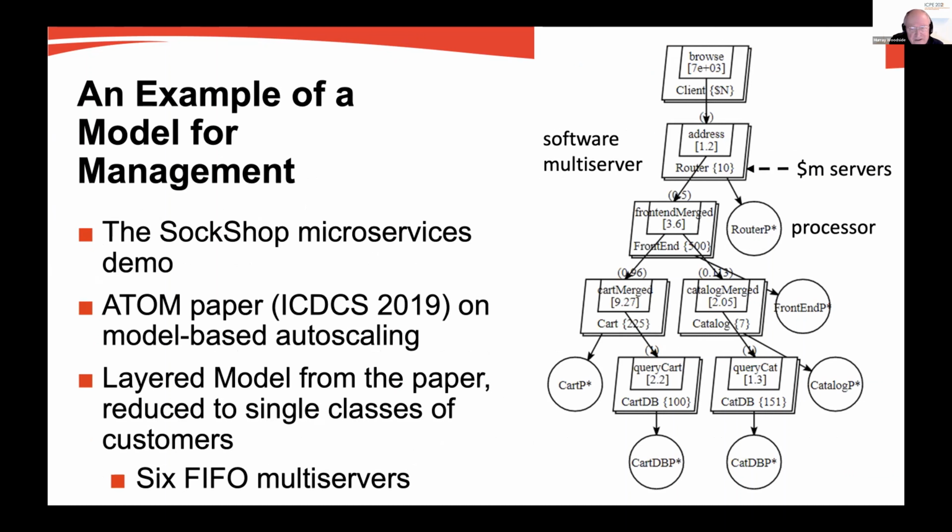It's an e-commerce system which sells socks, a sock shop, and it has 6 services, so it's a small system compared to typical commercial microservices systems. Each software multi-server is indicated by a parallelogram here. Each of these software multi-servers has a queue, except for the one at the top, which represents the users. It has a queue, and it makes calls to other microservice operations.